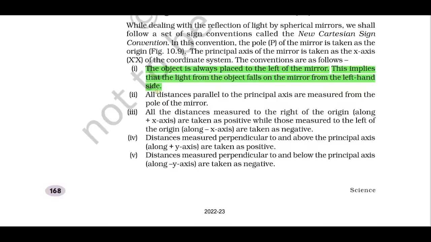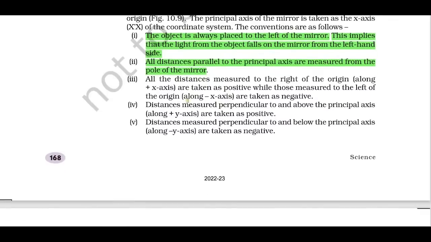All distances parallel to the principal axis are measured from the pole of the mirror. All distances measured to the right of the origin along the positive x-axis are taken as positive, whereas those measured to the left of the origin, that is the negative axis, are taken as negative.